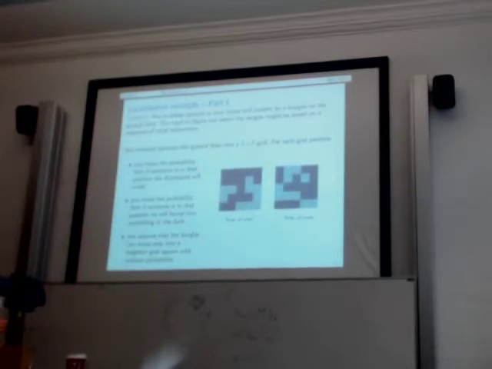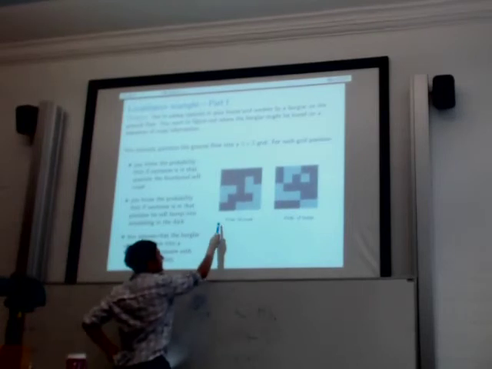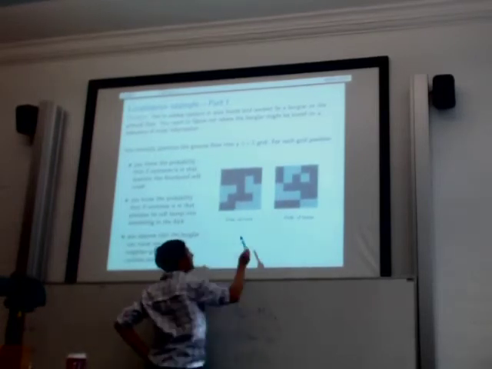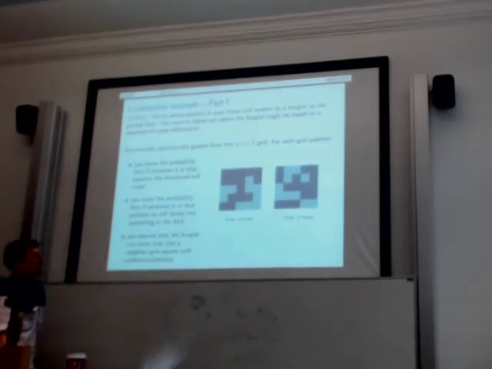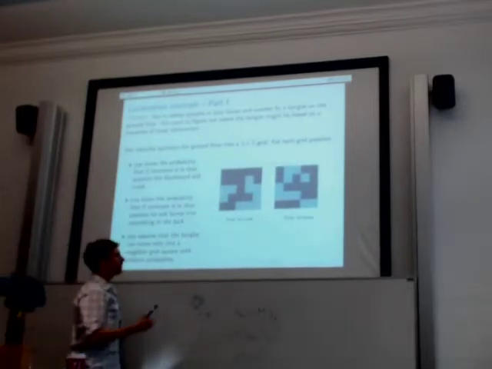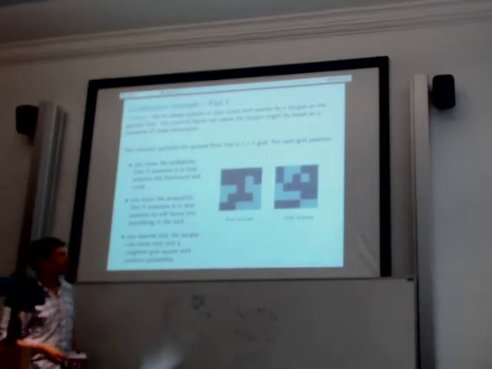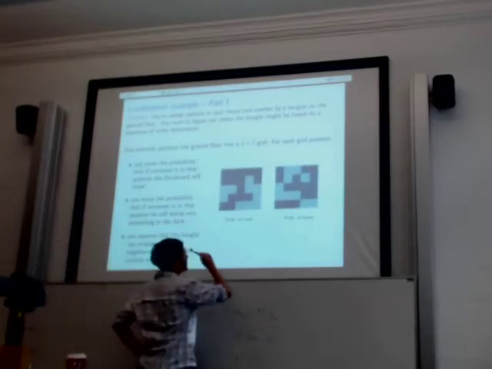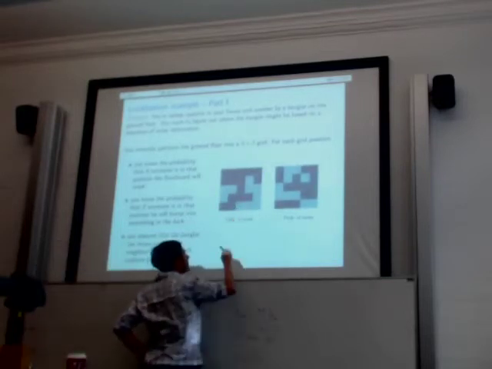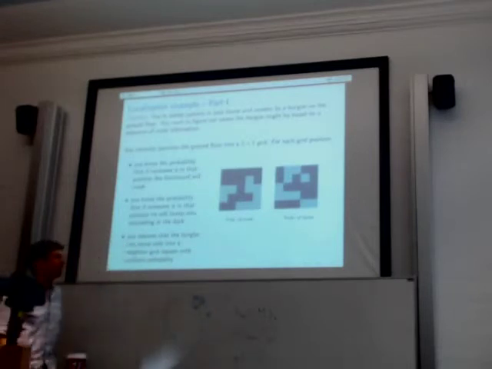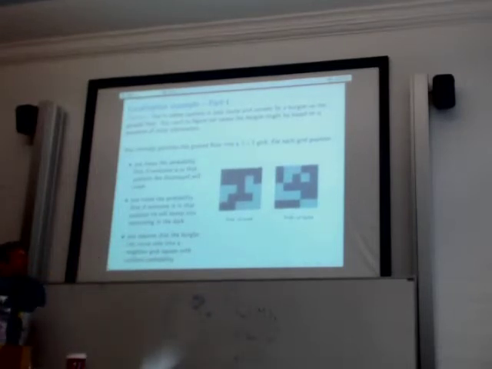Let's say your kitchen is a 5 by 5, so 25 meters layout, and because of the floorboard structure, you know that if the burglar is here, the probability of the floorboard creaking is quite high.